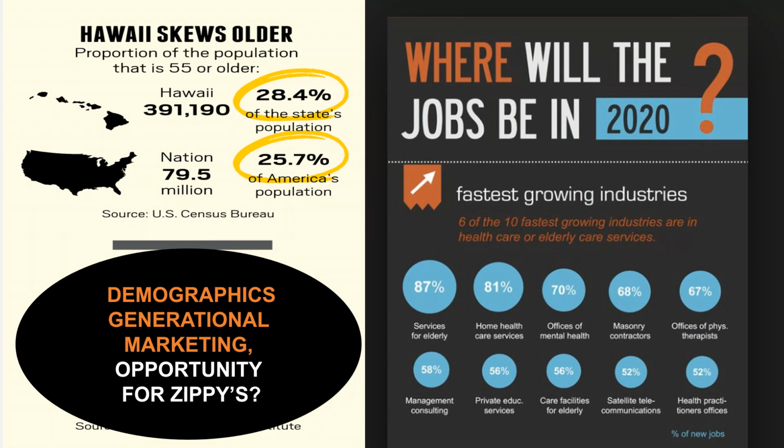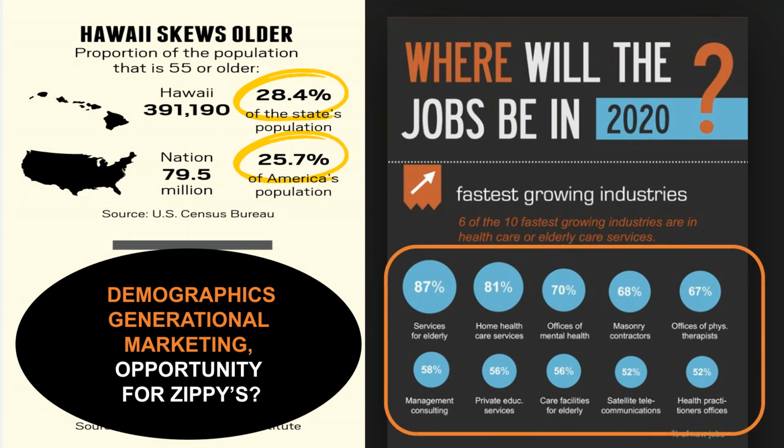Because I'm also going to need people to service these customers. I do know that in Hawaii specifically, up to 2020, services for the elderly is going to be key. And a lot of people are going to be working in that sector. So I'm going to have maybe a little bit of trouble hiring, but I also need to be focused on servicing the elderly. So what are some of the opportunities that Zippies could take?